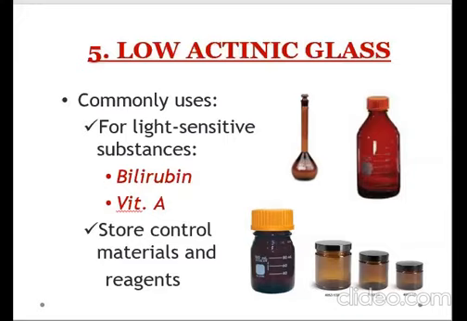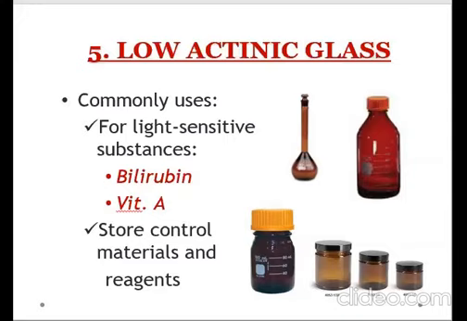In other words, if bilirubin is part of the sample of a human patient, that also means that in the control material, that should also be present. Correct? So that is why we also use low actinic glass when we store control materials, because it is expected that the control material is similar to the contents of the human sample that we are considering in a specific test.